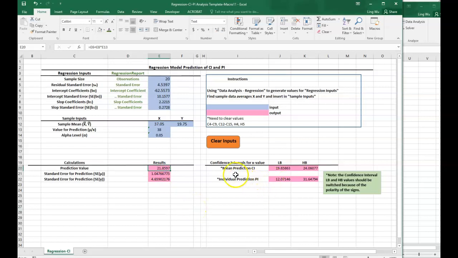And then we have the mean prediction confidence interval.